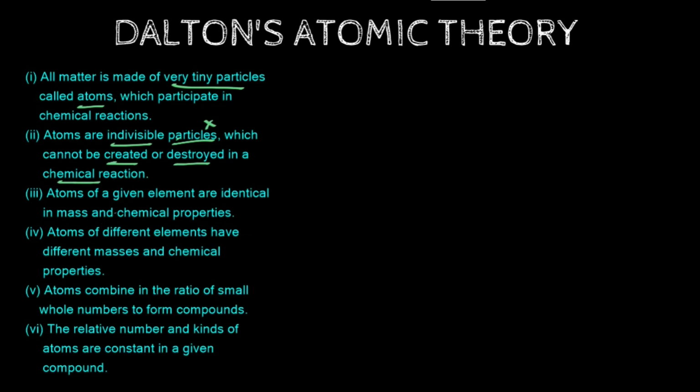Atoms of a given element are identical in mass and chemical properties. Atoms of different elements have different masses and different chemical properties. Atoms combine in a ratio of small whole numbers to form compounds, and the relative number and kinds of atoms are constant in a given compound.